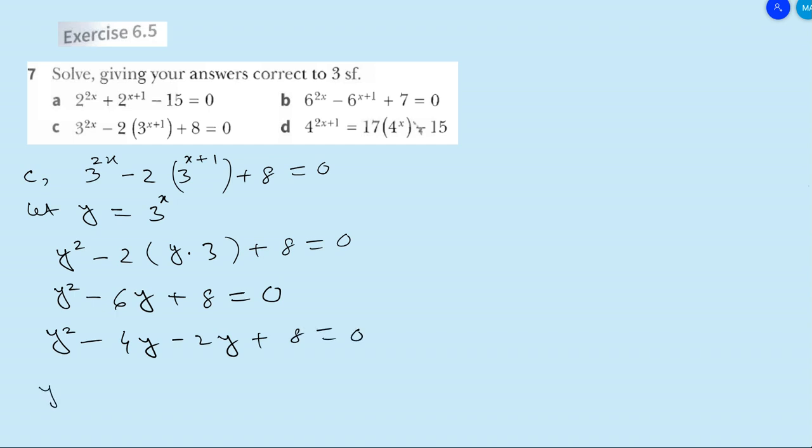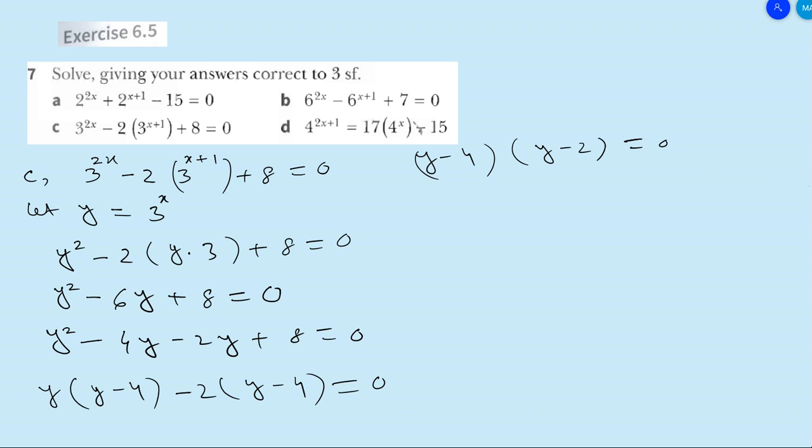First two factor and last two factor: y minus 4, minus 2 into y minus 4 is equal to 0. This implies that y minus 4 and y minus 2 is equal to 0, so y is equal to 4 and y is equal to 2.